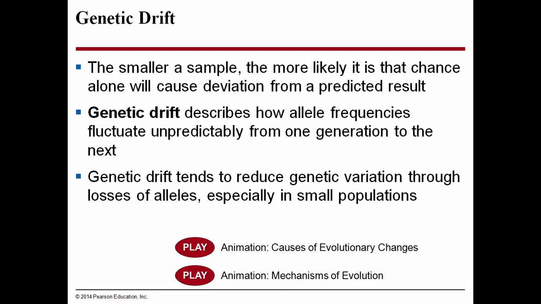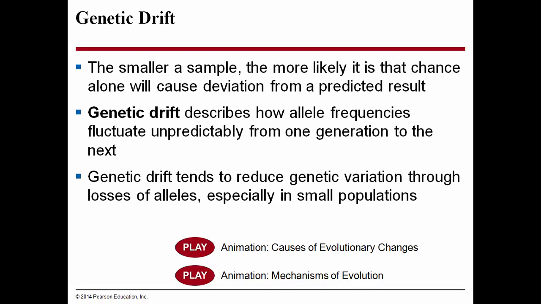Genetic drift. The smaller a sample, the more likely it is that chance alone will cause deviation from the predicted result. Genetic drift describes how allele frequencies fluctuate unpredictably from one generation to the next. Genetic drift tends to reduce genetic variation through loss of alleles, especially in small populations.